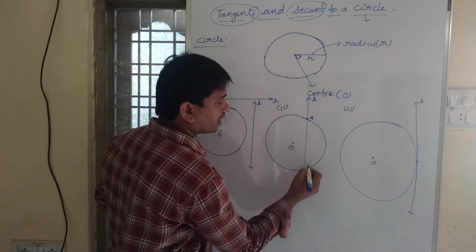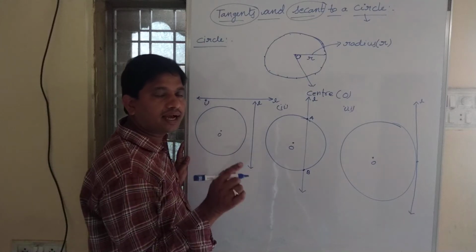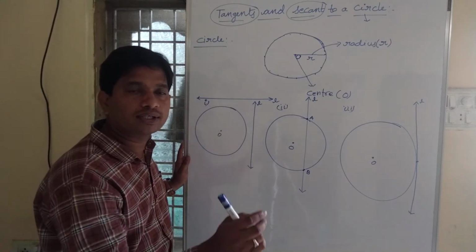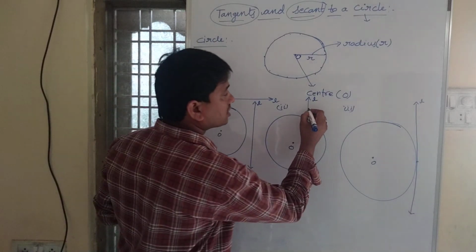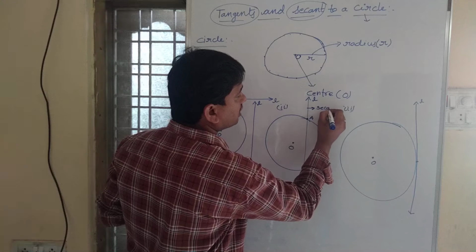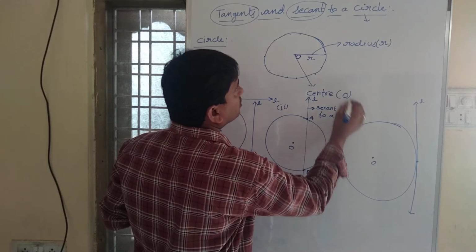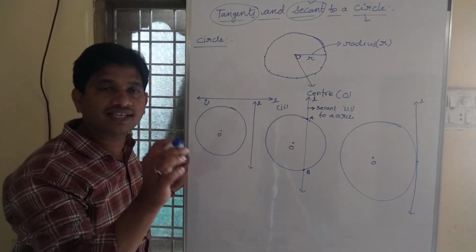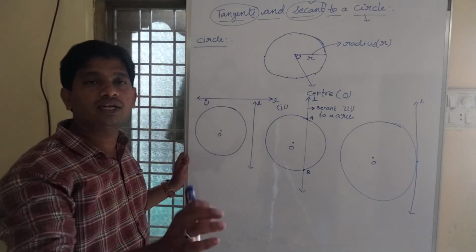For example, this is point A and this is point B. A line which intersects the circle at 2 points is said to be a secant to a circle. So children, what do you mean by secant? A line which intersects a circle at 2 distinct points is called a secant to a circle.